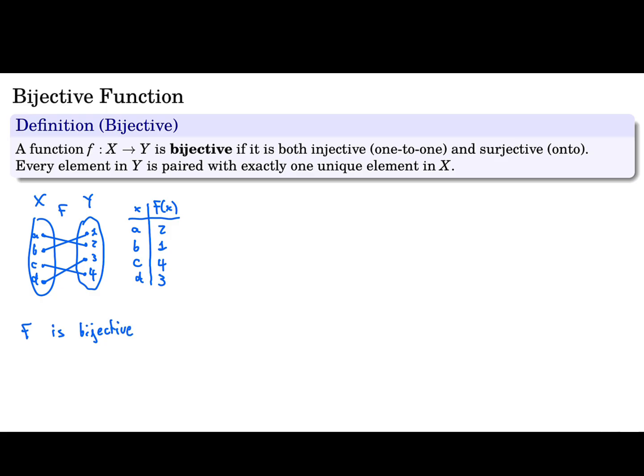Let's see an example where it's not. So let's say that we have A, B, C, D, and we have the set also 1, 2, 3, 4.